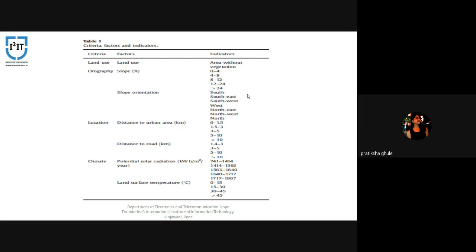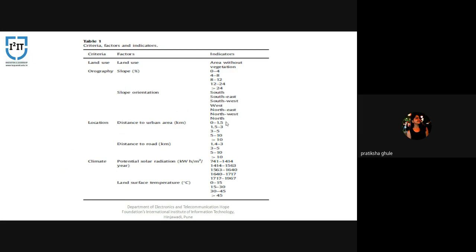Like whether it is in the south or in the southeast. According to that, there are around 7 different indicators. Then the location, like distance to urban area in kilometers, it is given like 0 to 1.5. Then the distance to road, like how far away the road is from our decided location.